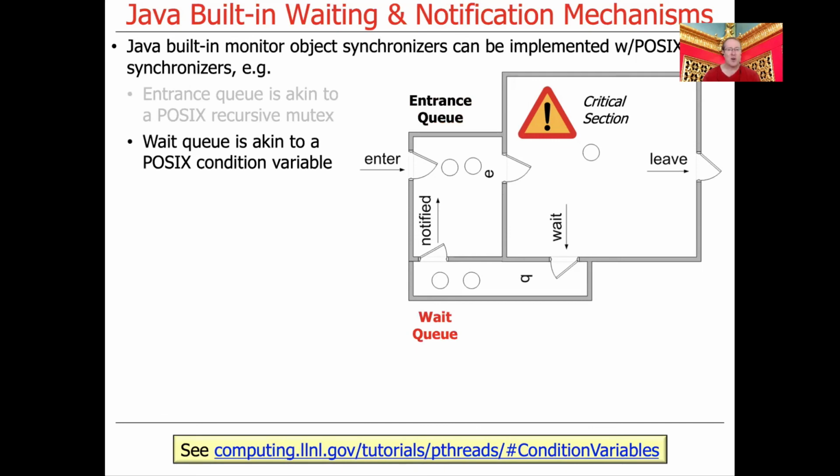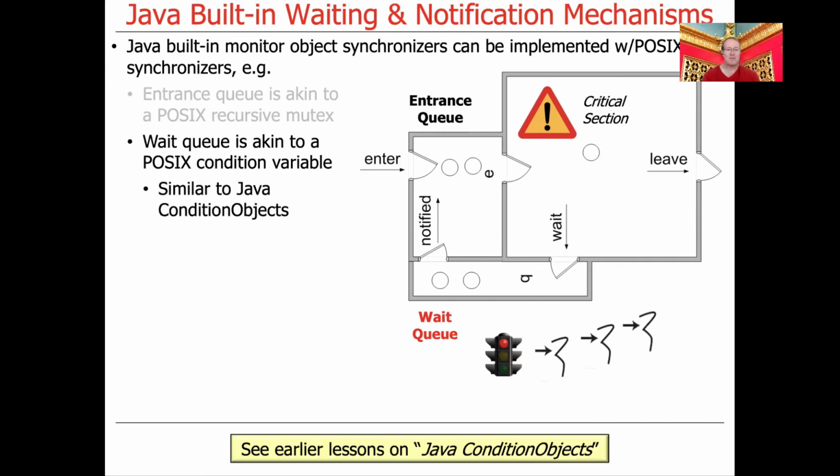And the wait queue is typically implemented using some variant of a condition variable, which is, again, a C-based set of APIs that give you condition variable semantics. And those semantics then will queue up the threads in a wait set, waiting for their chance to make forward progress. The Java condition object is very similar to the POSIX condition variable, just a little difference in syntax because it's different languages.